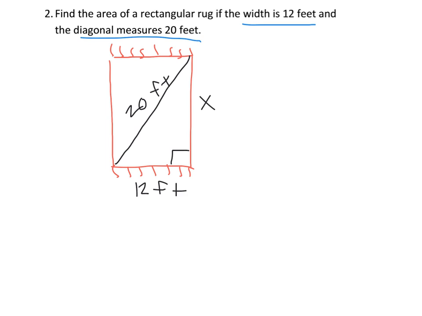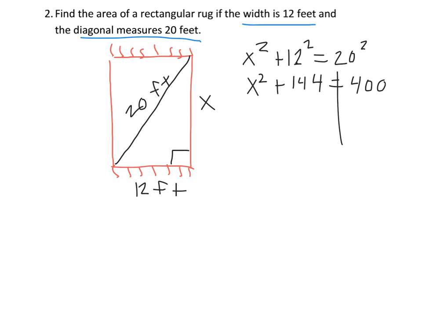X and 12 are the leg lengths, so x squared plus 12 squared equals 20 squared. We can solve for x. X squared plus 144 equals 400. Subtract 144 from both sides. X squared equals 256.